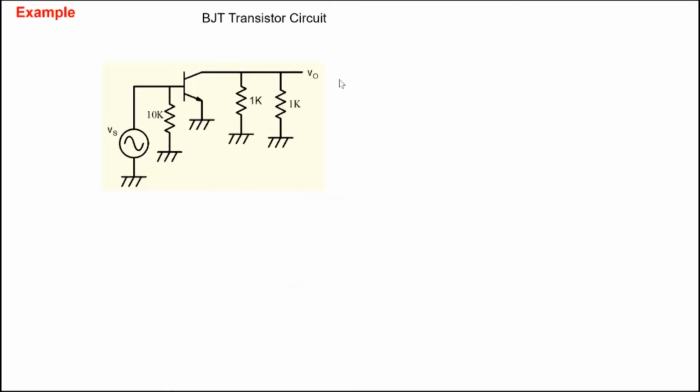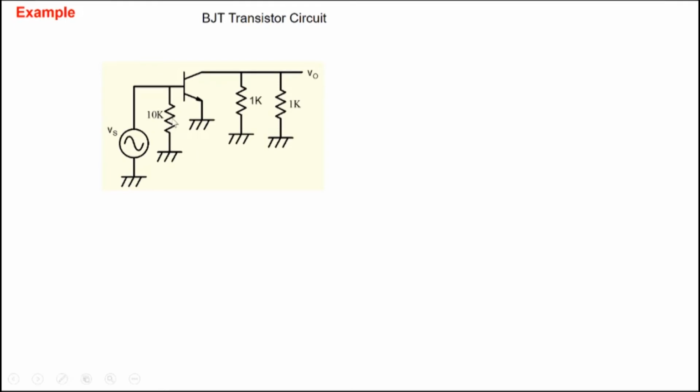Okay, so as an example, we were talking about a transistor, and let's say this is some transistor circuit, and you're trying to use a transistor in a circuit and do something interesting with it, and you want to know what will be the output voltage versus Vs. So to analyze this particular circuit, to predict what will happen, you would need an electrical model of the transistor, because without the model, we cannot write our KCL.